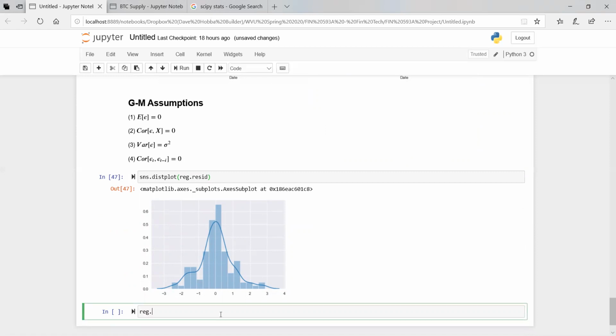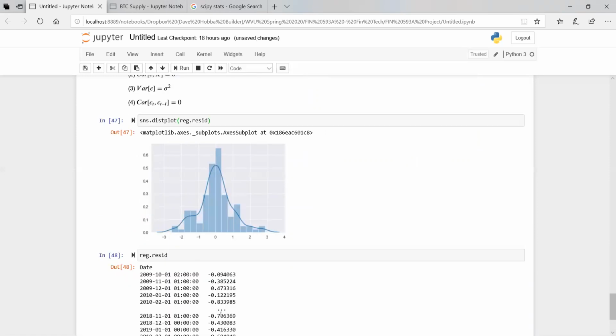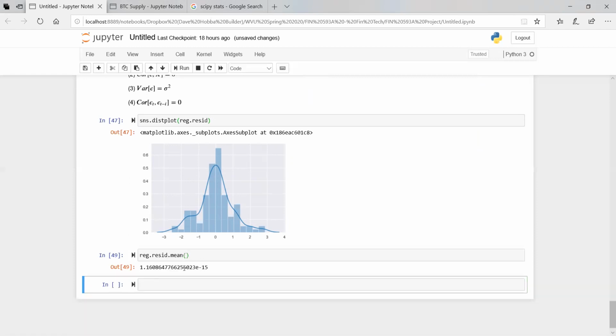Let's calculate the mean. So reg.resid gives us a one-dimensional array. And this gives us 1.16 multiplied by 10 to the power of negative 15. So this is a very small number.